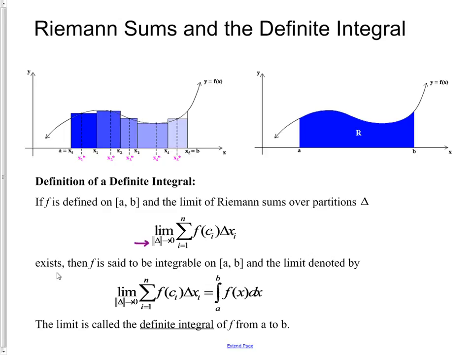If that limit actually exists, then f is said to be integrable on the interval from a to b, and that limit is denoted by the definite integral on the interval from a to b of f of x dx.